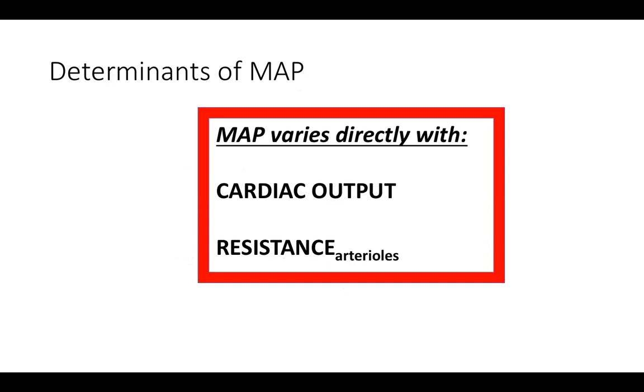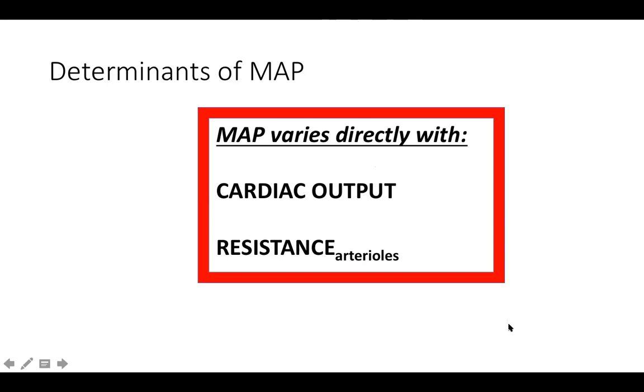Mean arterial pressure varies directly with the cardiac output and the resistance in the arterioles. And if you don't believe me, which I'm sure some of you are probably screaming at your screen, saying no, we believe you, I am going to talk about this in terms of a bit of mathematics.